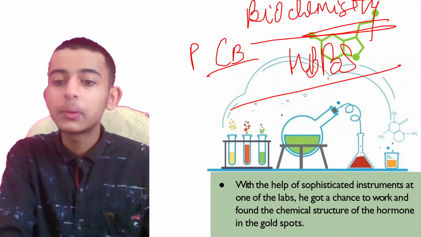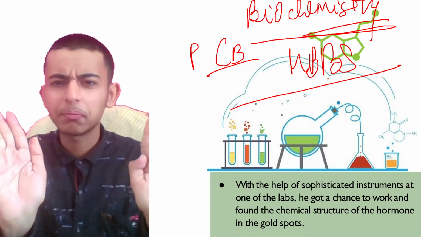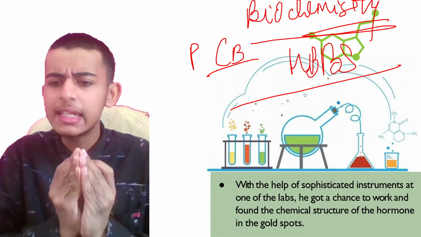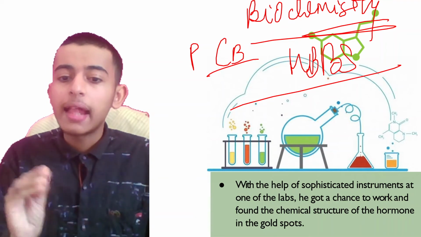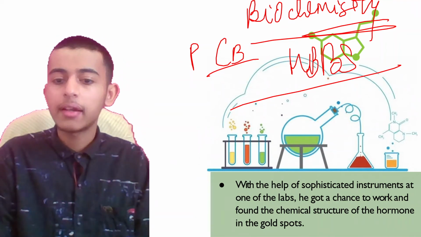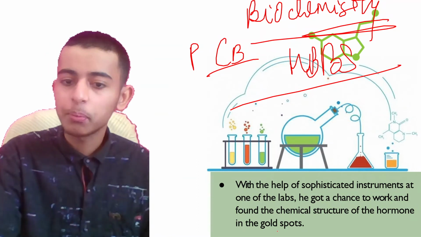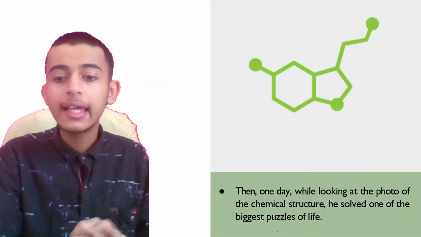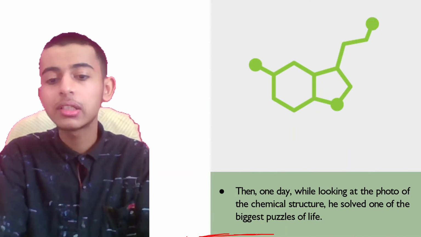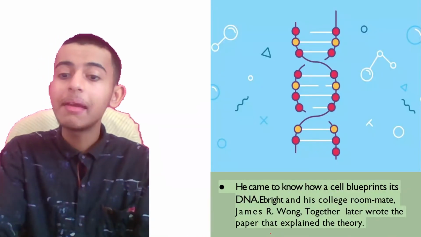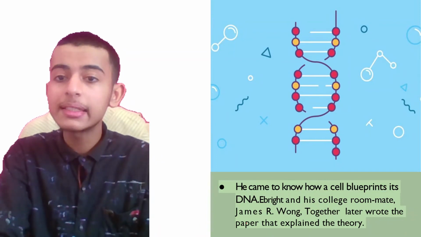So as I said, with the help of sophisticated instruments at one of the labs, he got a chance to work, and found the chemical structure of the hormone in the gold spots. Then one day, while looking at the chemical structure, he solved one of the biggest puzzles of life. He came to know how a cell blueprints its DNA.